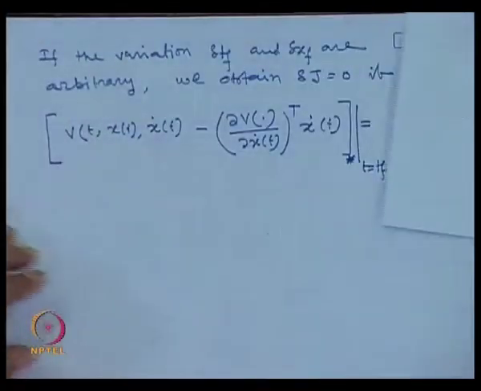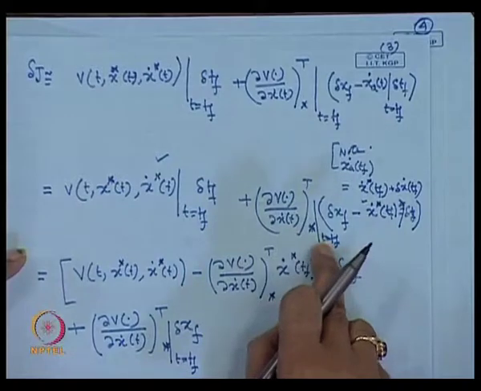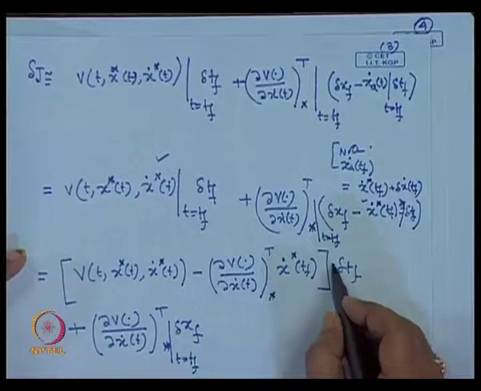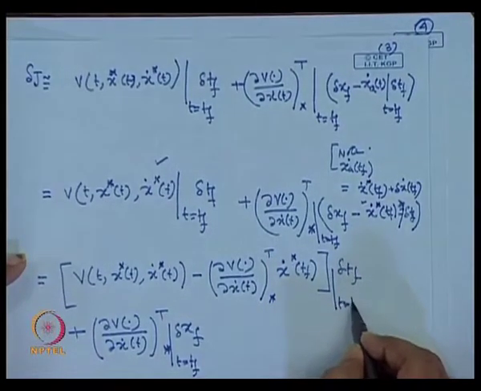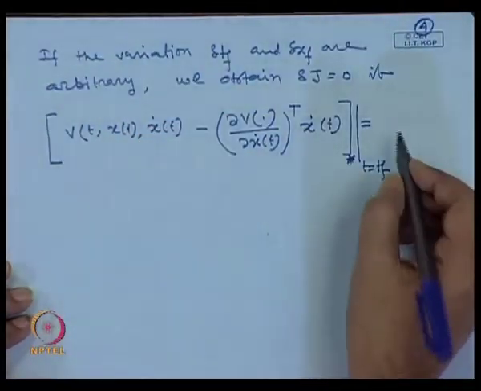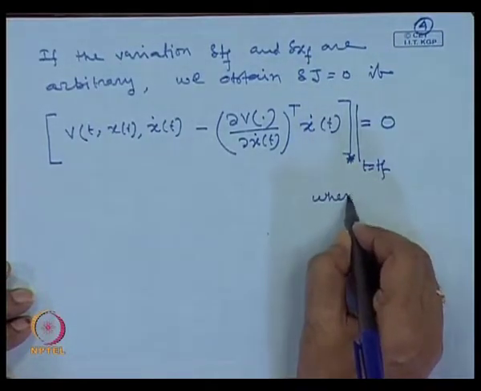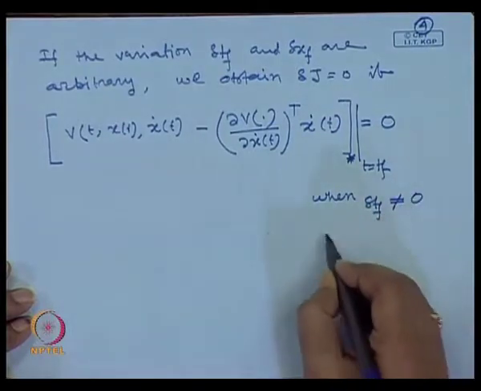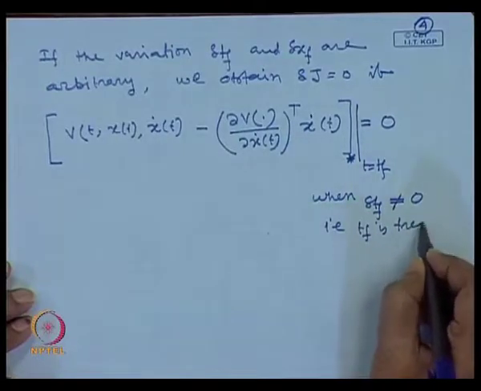So, the whole thing I can write at t is equal to T f. So, this equals 0 when delta T f is not equal to 0, in other words, T f is free.